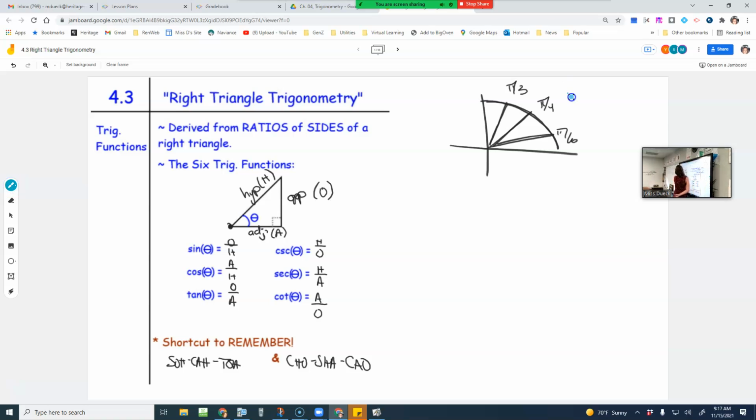Pi over 4 is half of pi over 2, that's going to be a 45, right? Pi over 6 is 1/6 of 180, that's 30, and pi over 3 is 1/3 of 180, that's 60.